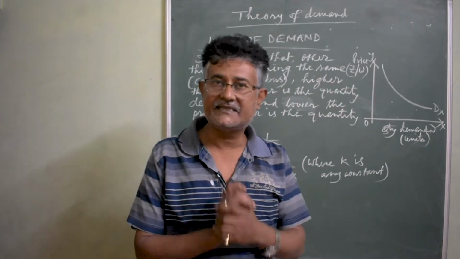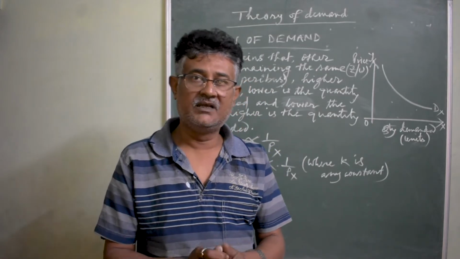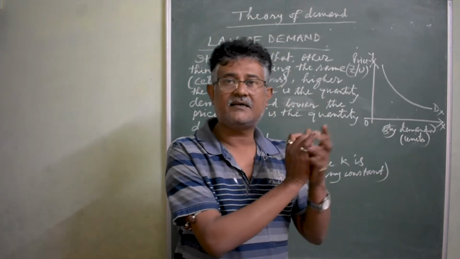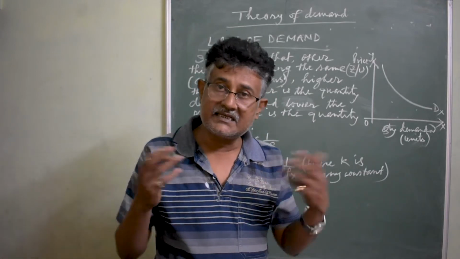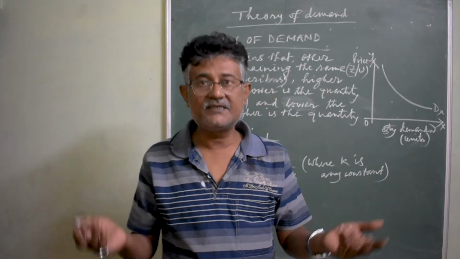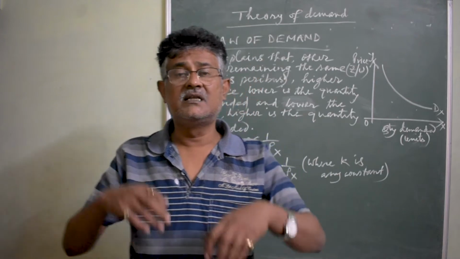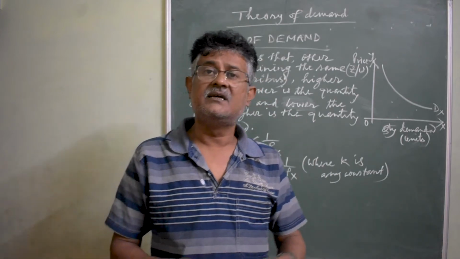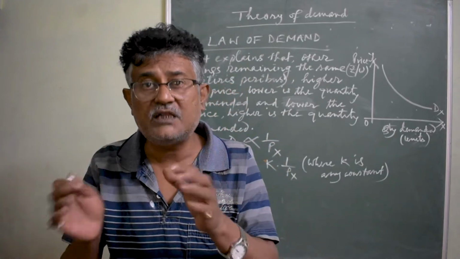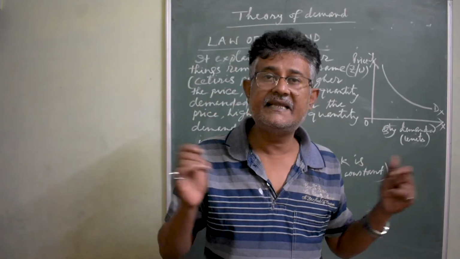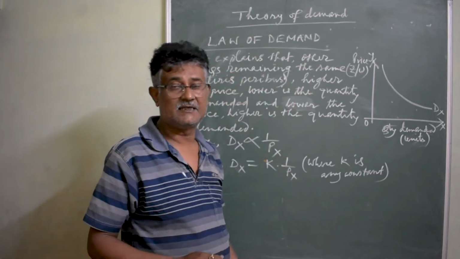Other things remaining the same here means that we assume the factors other than the price of the commodity as constant, that is the income of the households, the taste and preferences of the people, the size and composition of population, the prices of related goods, the distribution of income, the future price expectation. If all these factors are taken to be constant, that is ceteris paribus.